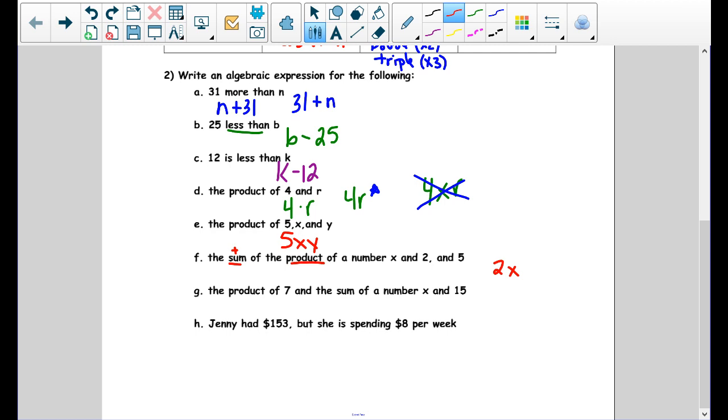So 2x plus 5. Because of order of operations, what comes first, multiply or add? Multiply. So I don't need parentheses because I'm going to get that answer first anyway. If it was flipped around, I would need some parentheses in there.